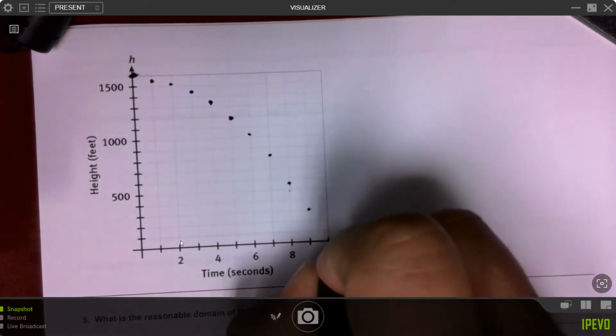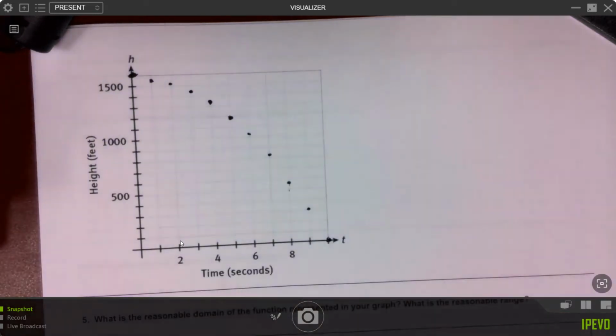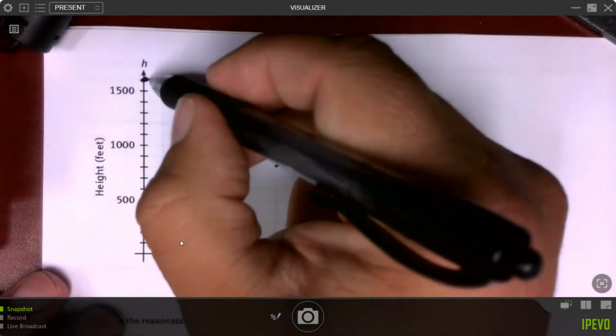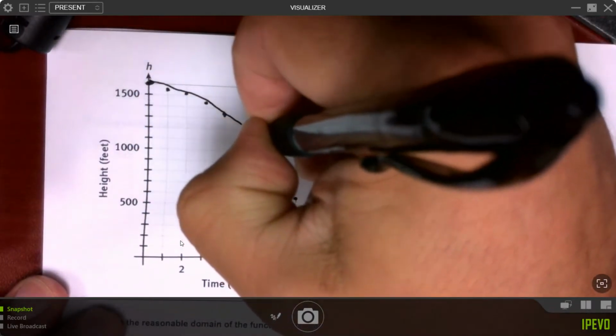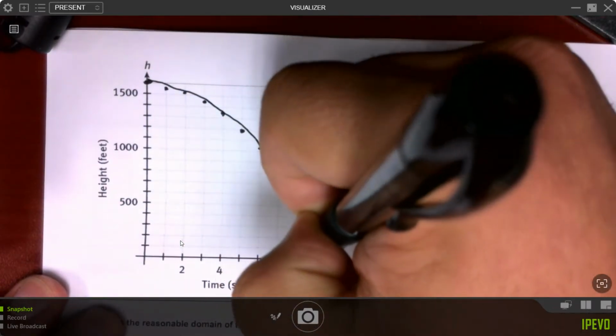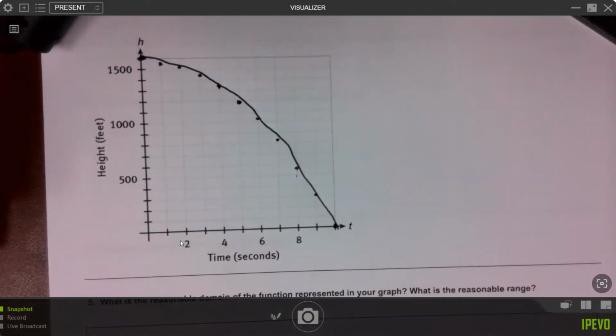And at 10 seconds, we're at 0. So as I look at that, this I could connect the dots on. I'm going to try to do it pretty closely, because there's time in between 0 and 1, 1 and 2, and so on with each of those seconds.